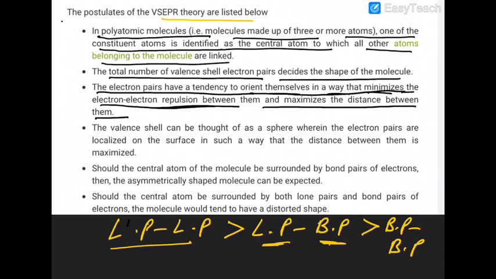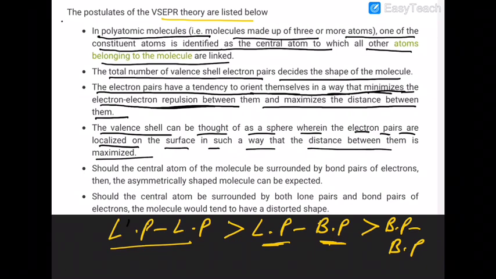The valence shell can be thought of as a sphere where electron pairs are localized on the surface in such a way that the distance between them is maximum. So it means attractive interaction should be maximum and repulsive interaction should be minimum.